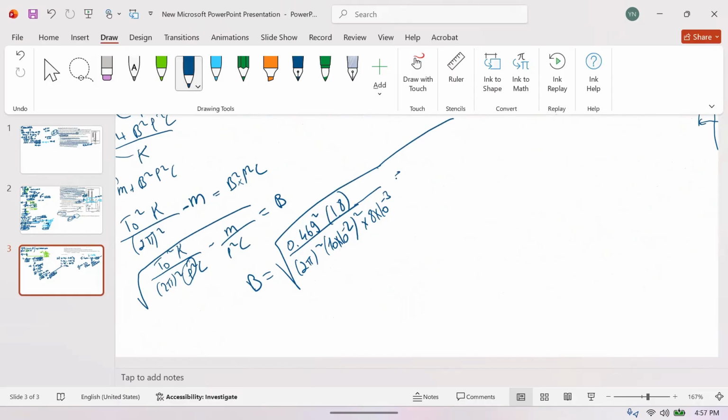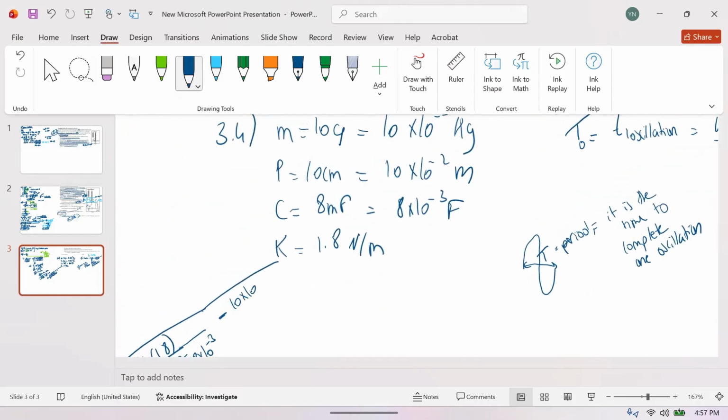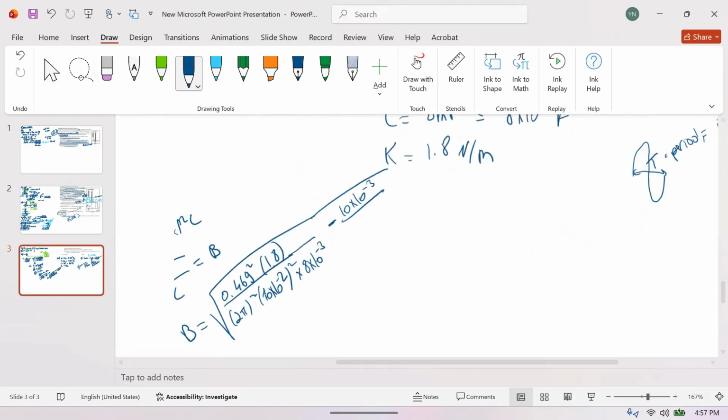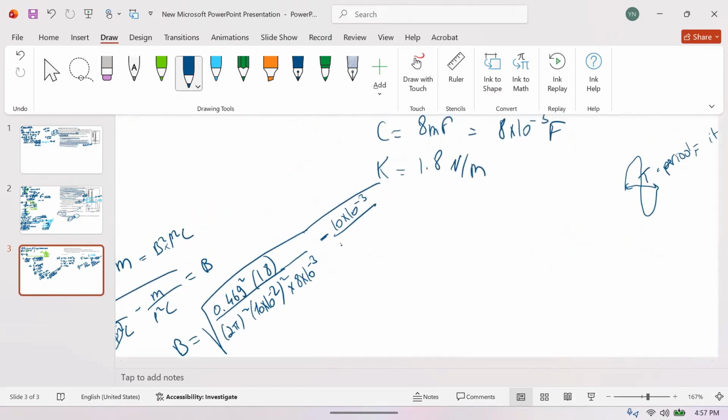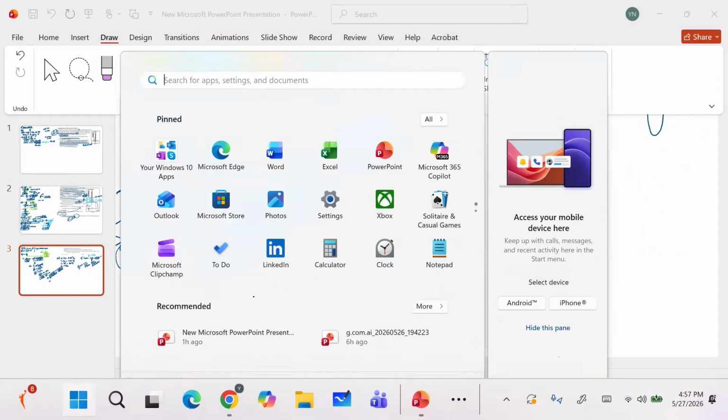The second fraction is the mass, 10 times 10 to the power minus 3 kilograms, over L squared, where L is 10, so we put a square on the value, times 8 times 10 to the power minus 3. This is the capacitance. You put it in your calculator, and you're supposed to get something in Tesla.